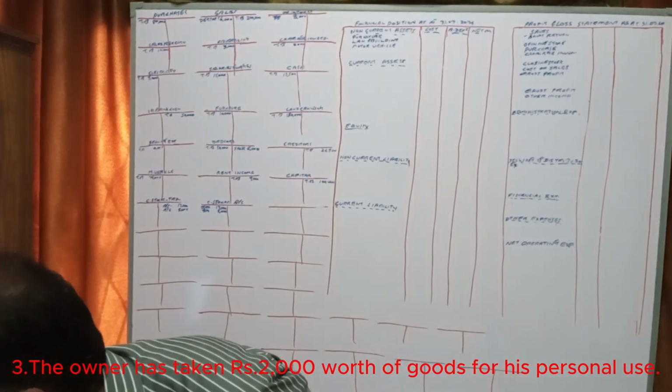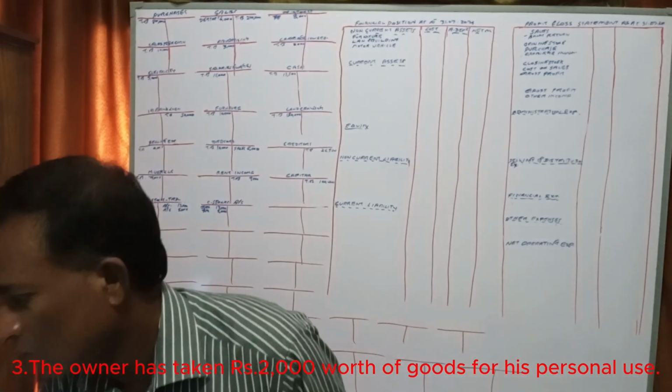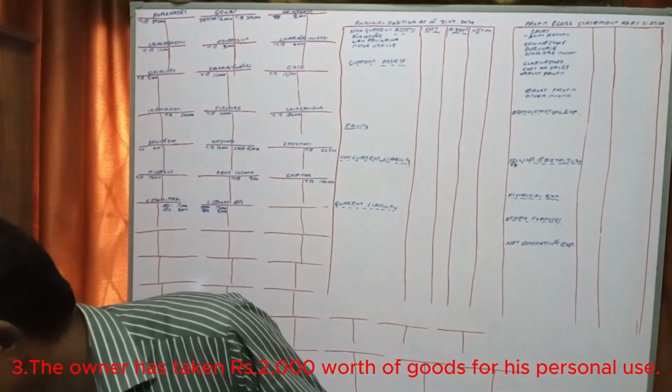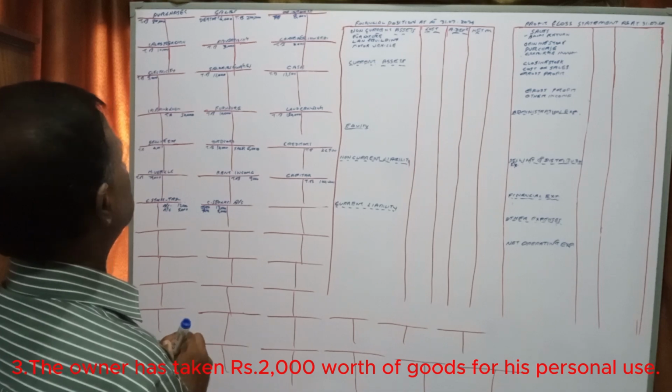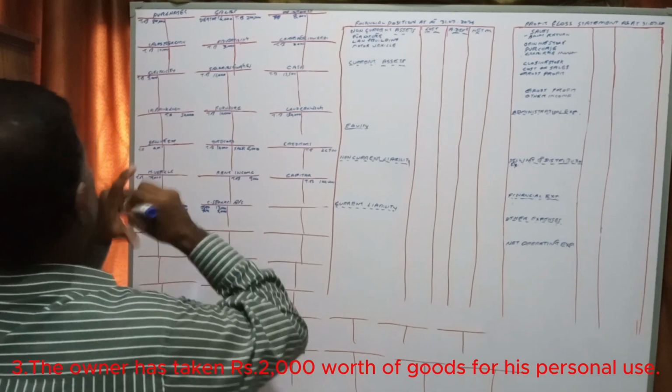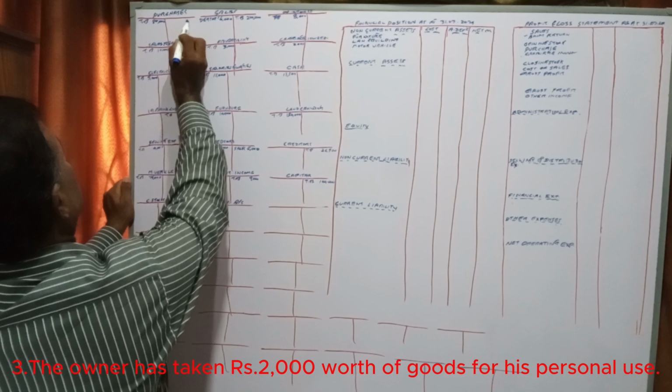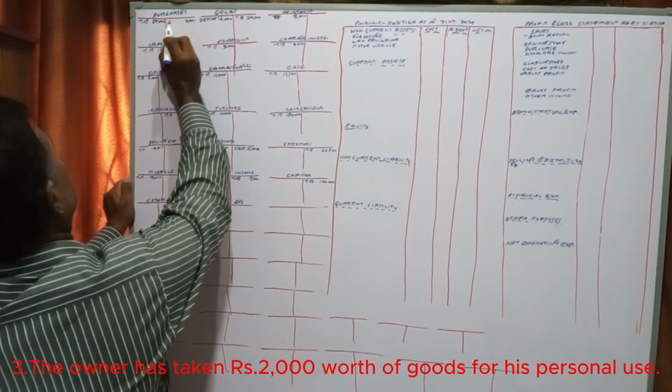So that is all. Number three, the owner has taken 2,000 worth of goods for his personal use. The purchase account has to be reduced.